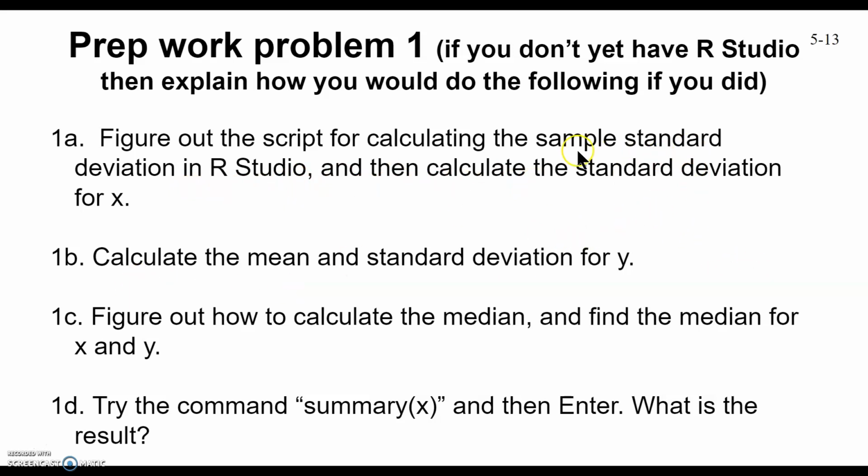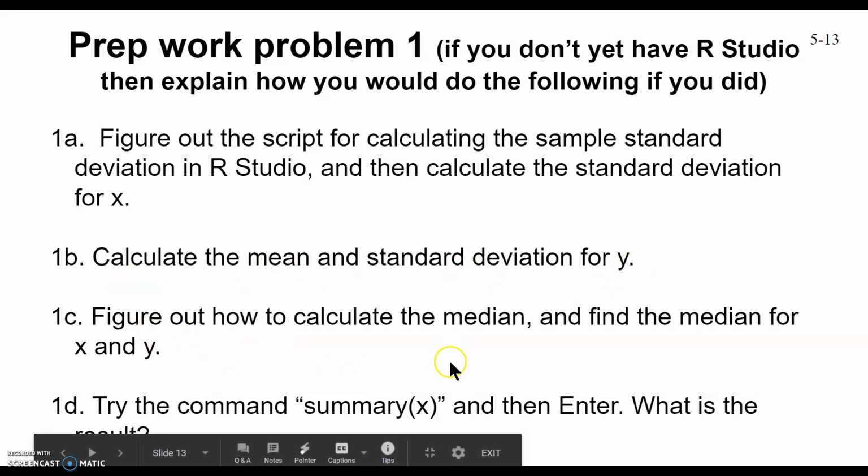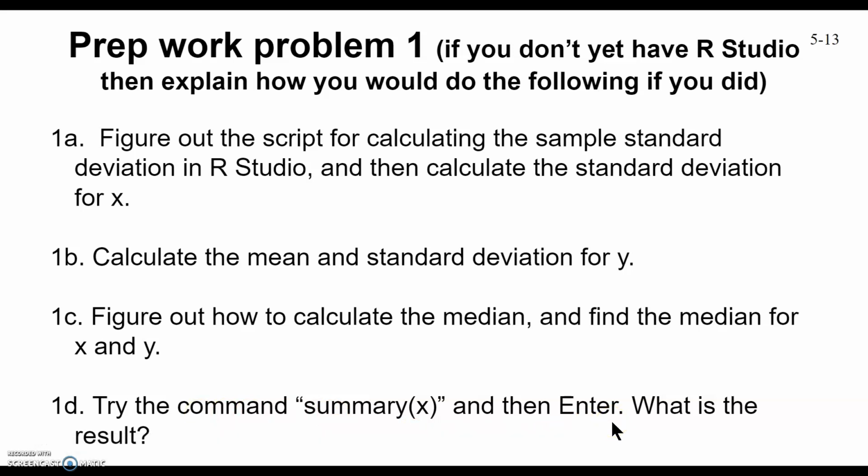It should be a sample standard deviation and not a population standard deviation. 1B, calculate the mean and standard deviation for y. Figure out how to calculate the median and find the median for x and y. And try the command summary(x) and then enter, and what is the result? You could Google all this if you don't have RStudio yet.